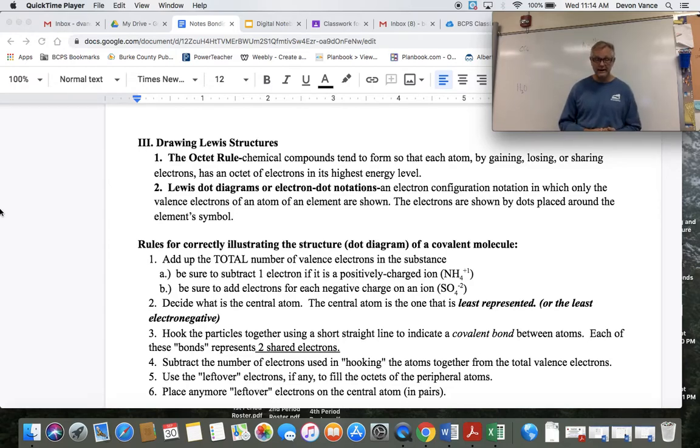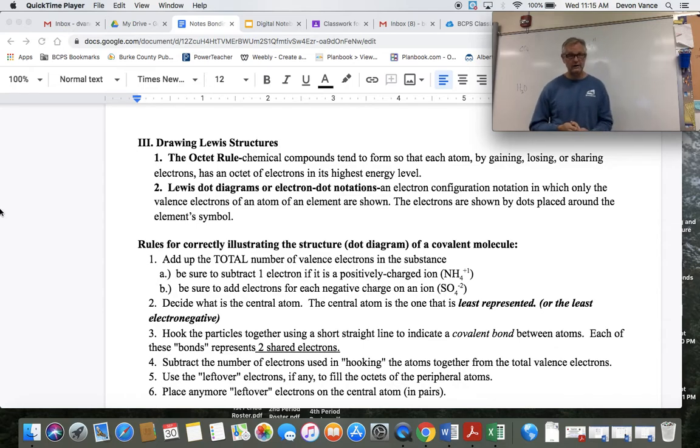Both the hydrogen and helium adhere to the duet rule. The duet rule means that they have 2 electrons in their outer shell. Now, if you think about the first shell, it only holds 2 electrons. So hydrogen has 1, so instead of it trying to gain 7, it just gains 1 to get that full outer shell. And helium already has that full outer shell.